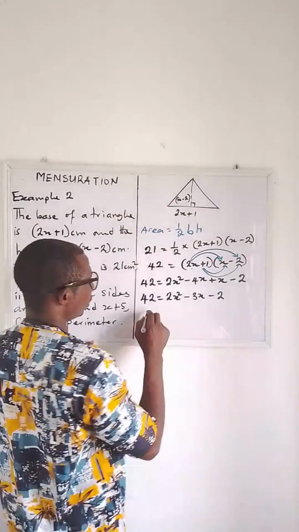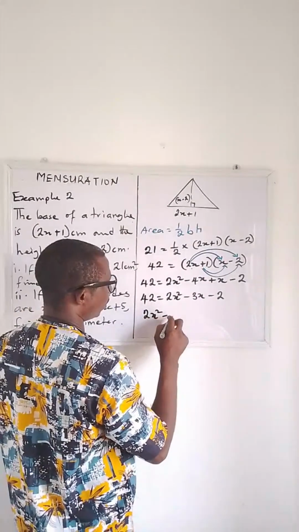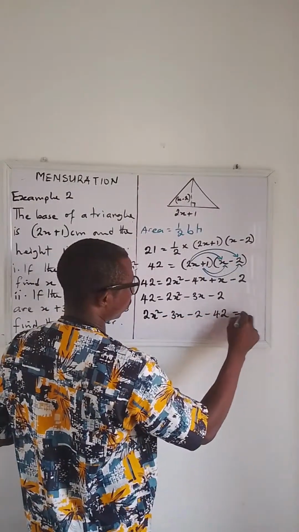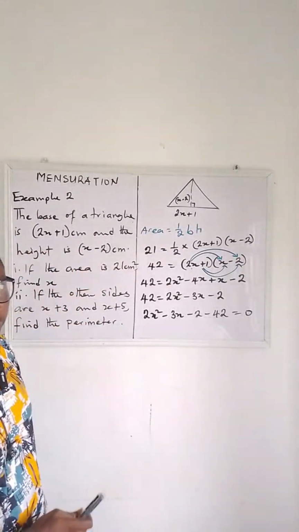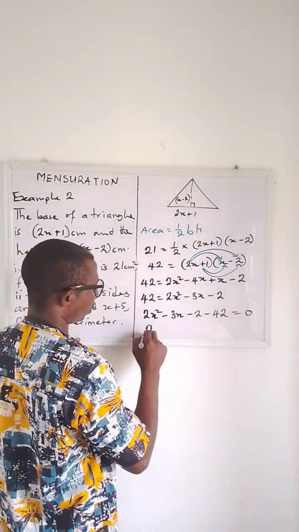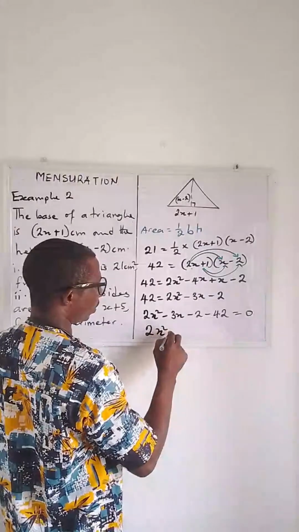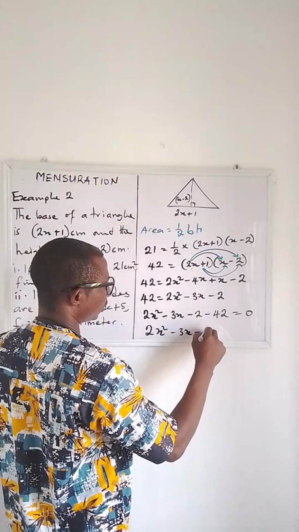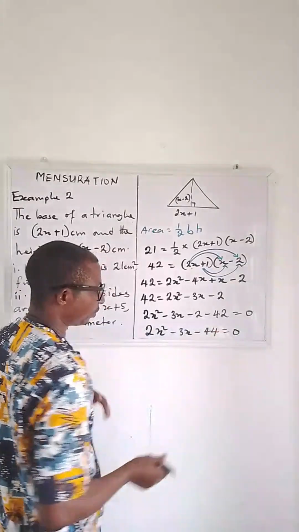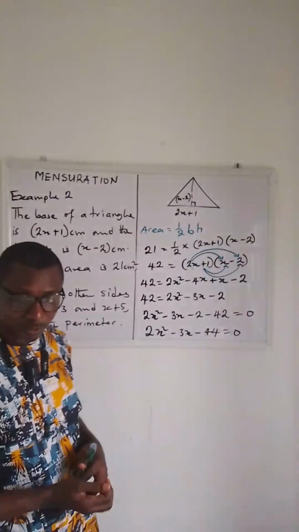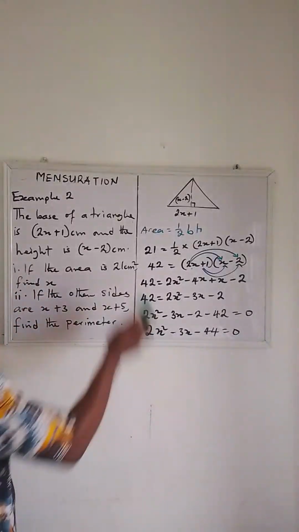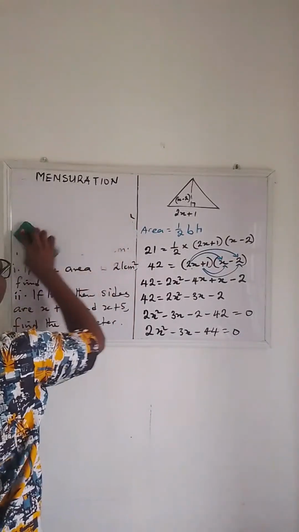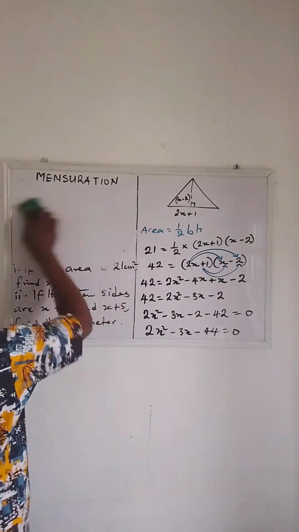So we have 2x squared, negative 3x, negative 2, negative 42 equals 0. So now we have 2x squared, negative 3x, negative 44 equals 0. Can you see the equation now? So now the next thing is to find a way of solving this quadratic equation. So how do we solve this?